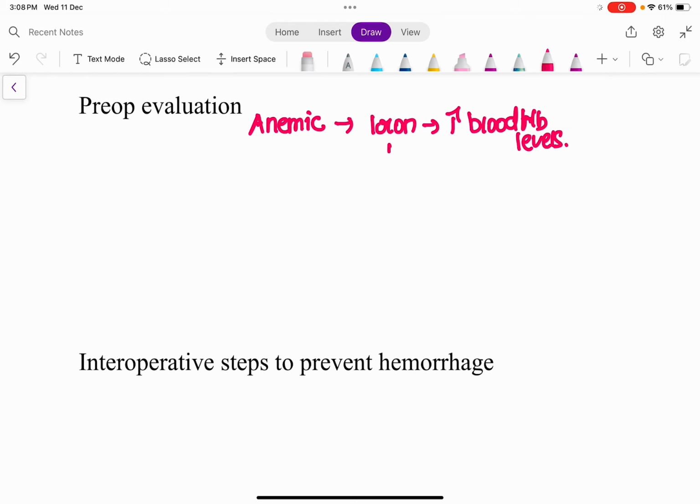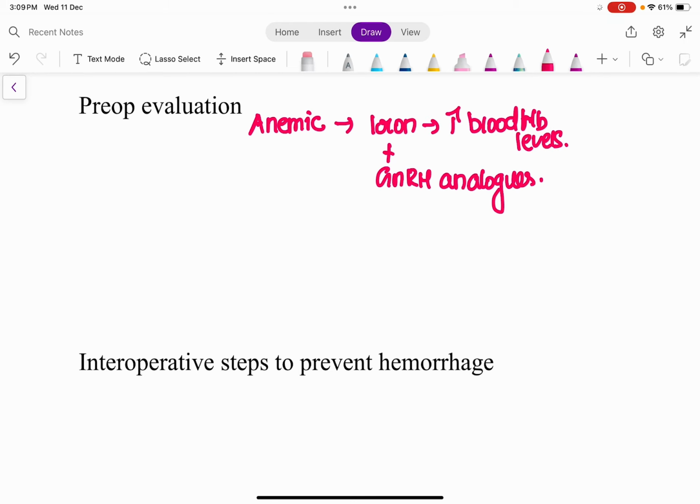Along with iron, you are going to give GnRH analogs, gonadotropin releasing hormone analogs. If given with iron in the pre-op period, this would lead to a rapid increase in the level of hemoglobin in that patient. So even before the procedure, you have to start giving GnRH analogs along with iron to the patient in order to increase the amount of hemoglobin in her blood. Only then you can take her for the procedure of myomectomy.